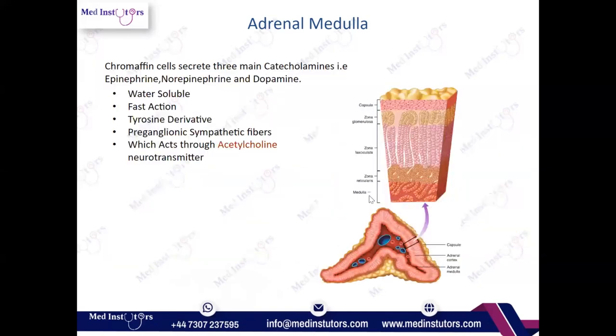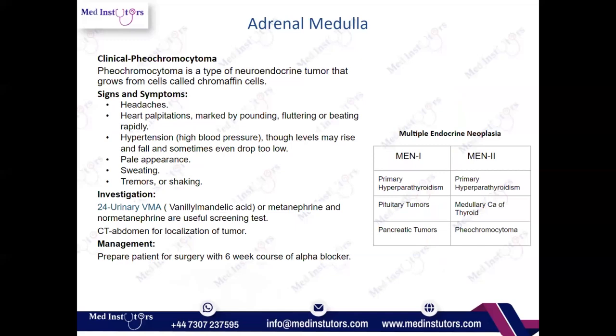Since they secrete epinephrine, norepinephrine, and dopamine, if a tumor occurs here, the patient may produce increased amounts of epinephrine, norepinephrine, or dopamine, and those would be the clinical features of that patient.